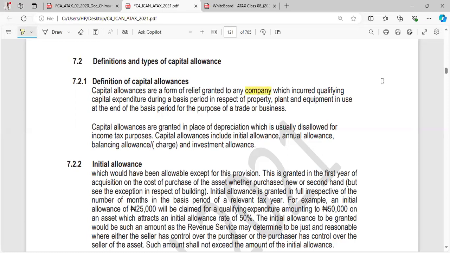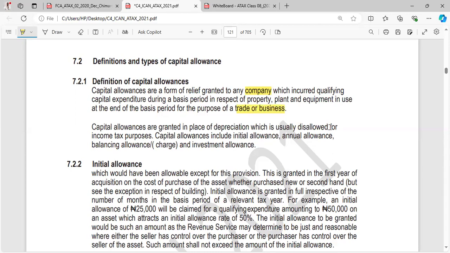Although in a sole proprietorship, it may be said that the business is under the individual, because it is a business entity using it for the purpose of trade or business, capital allowances can be claimed.